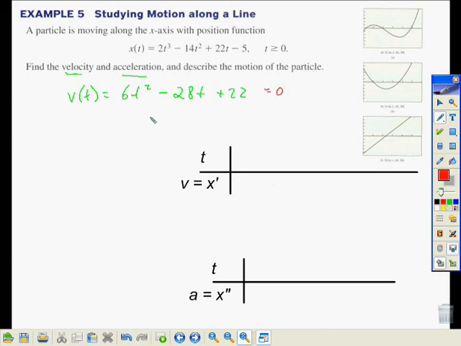I can divide all of that by 2. Try to factor it. We go with 3 and 11.